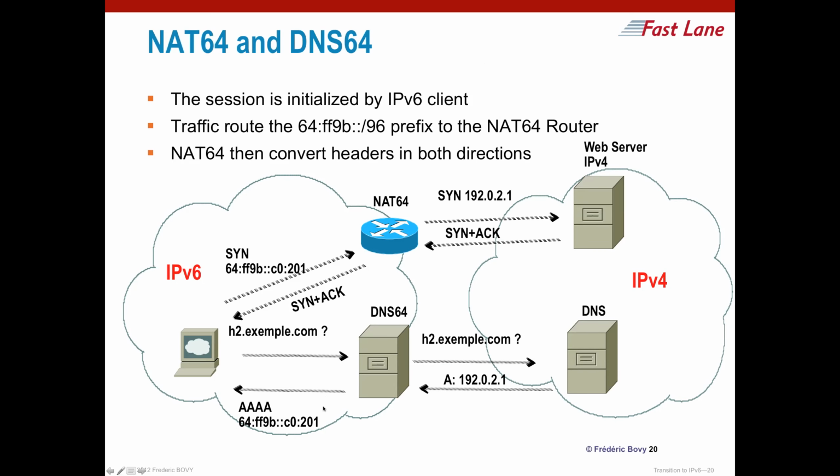Then, once the address is loaded, we can send a TCP SYN to the destination. The packet is routed using normal IPv6 routing to the NAT64 box, which has the prefix 64:FF9B.